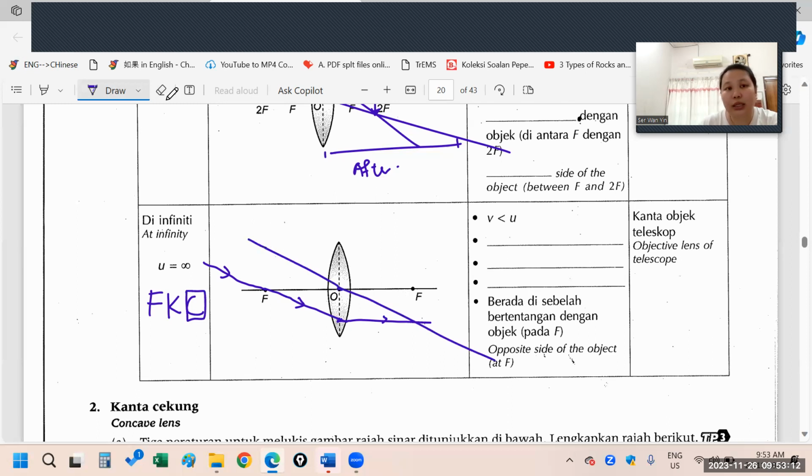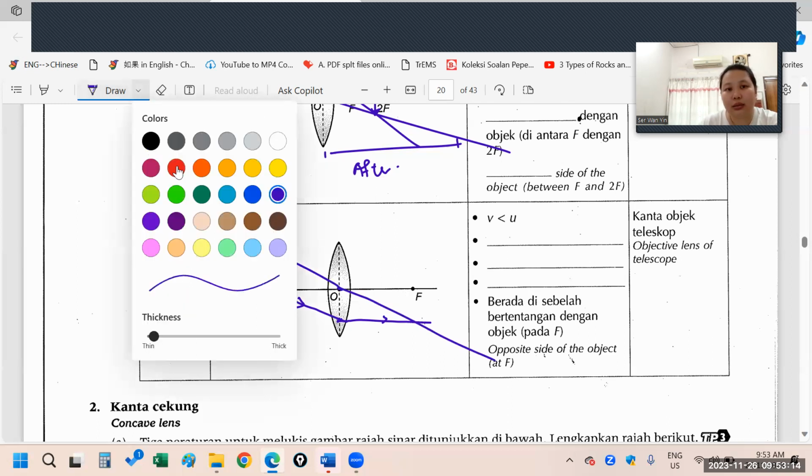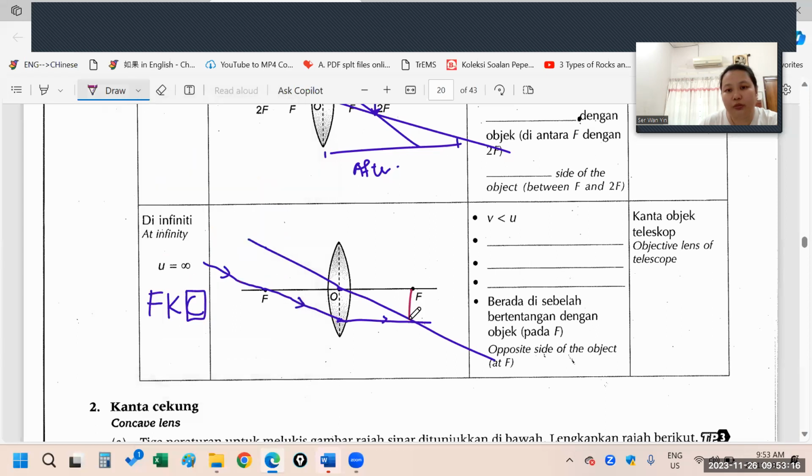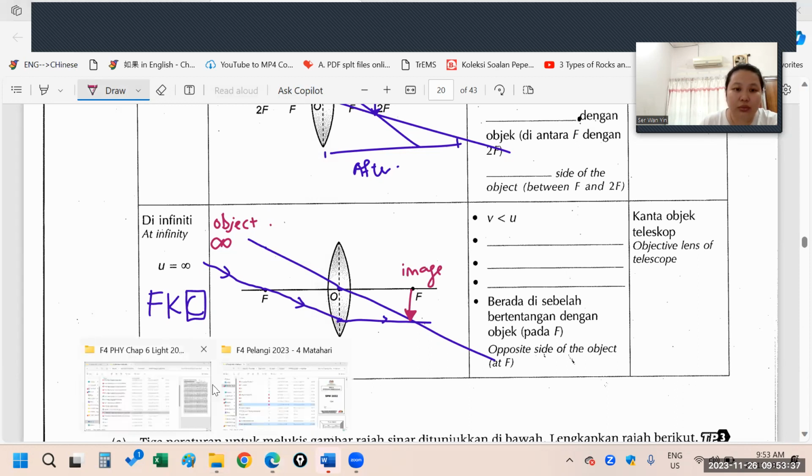And you will see the image will form right under the focus point. Right under the focus point, image. Object from infinity.